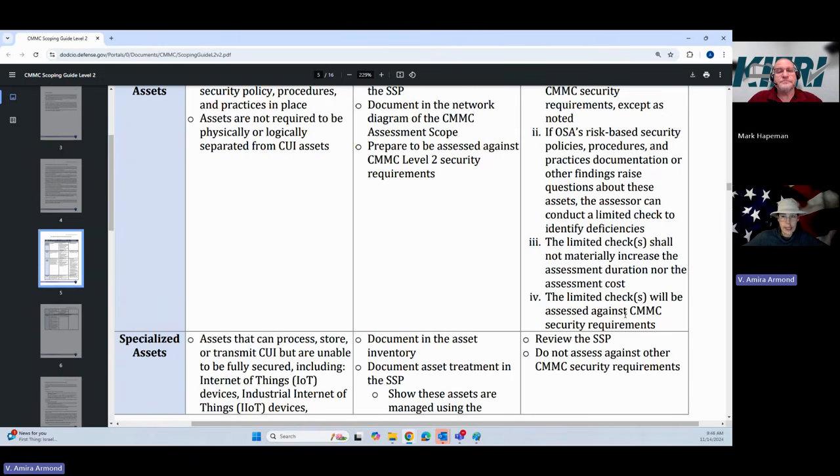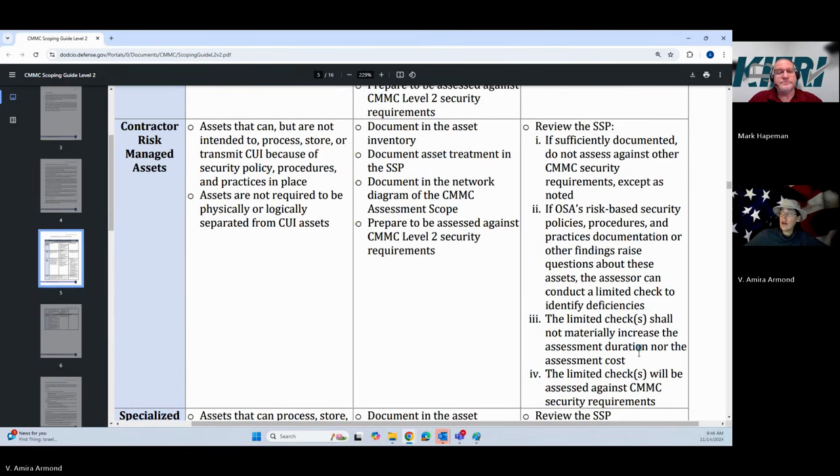Where you can't get a certification. Okay. But good news is, as long as you're sufficiently documenting how you're doing the requirements, the assessor should not have any questions, right? Just make sure you talk about how you're doing each of the requirements for your CRMA assets.